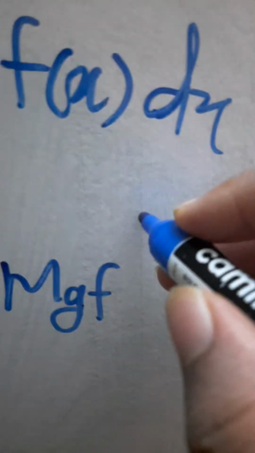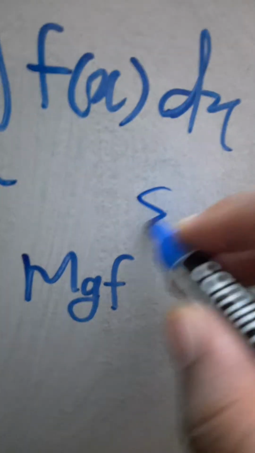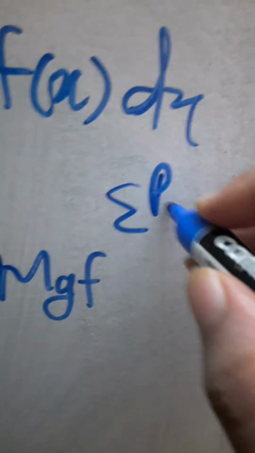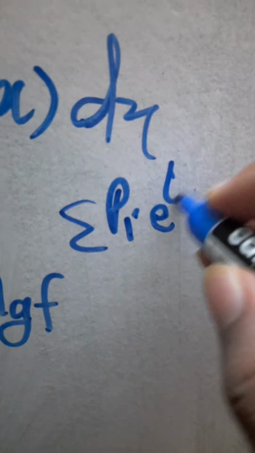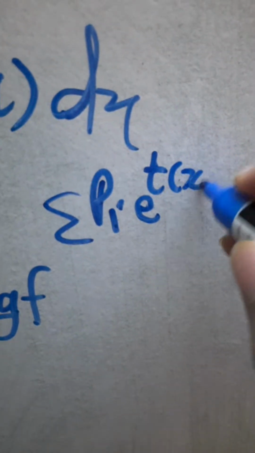MGF. What was MGF in discrete functions? It was summation p_i e raised to t (x minus a) raised to r, isn't it? So we have to do the same stuff here.